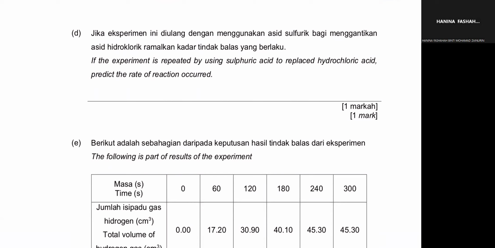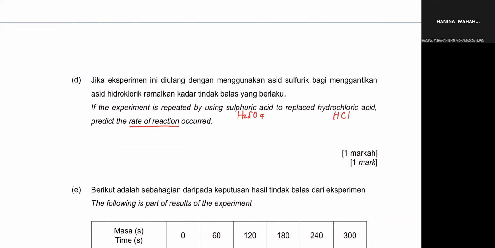They want to use sulfuric acid to replace hydrochloric acid. The rate of reaction, predict, will be higher or lower. Rate of reaction you should write higher or lower. Very simple. If it is hydrochloric acid, it produces 1 mole of hydrogen ion.